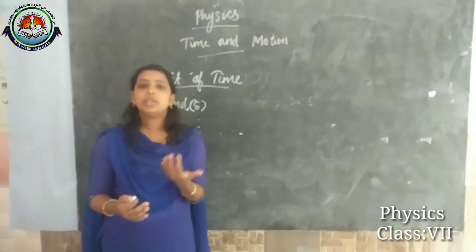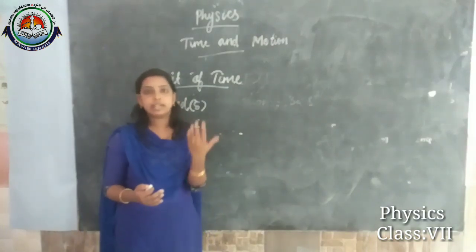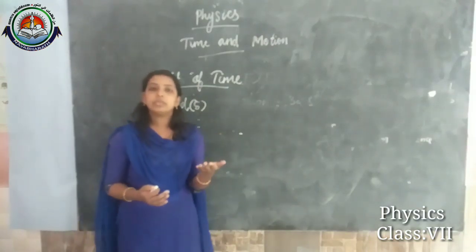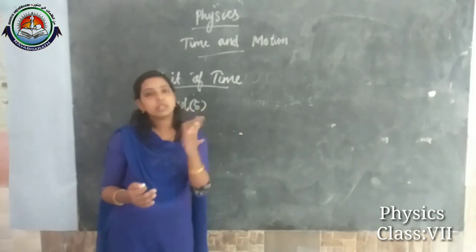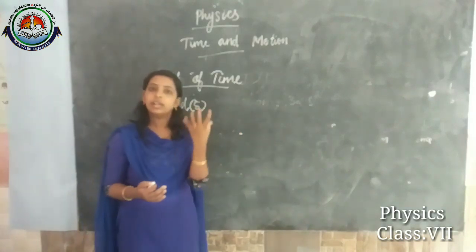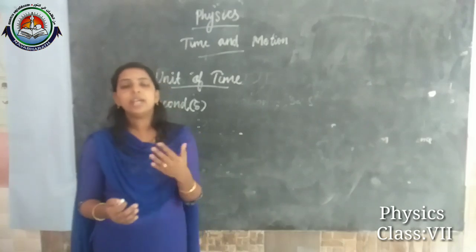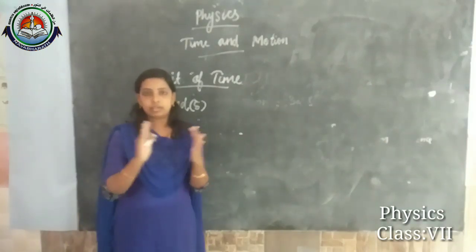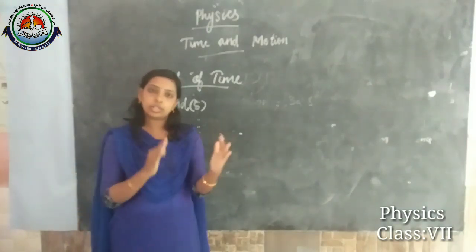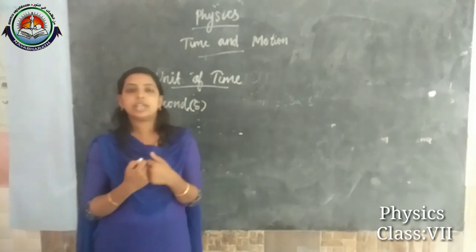Sometimes we need to express time in a higher unit. These higher units are hour and minute, which we can consider higher units of time, and we can tell the relationship between the different units of time.